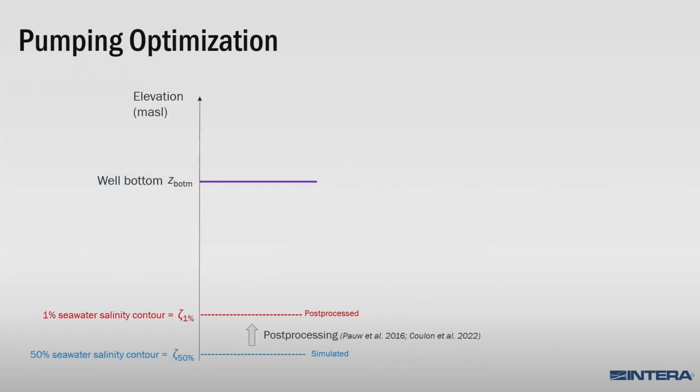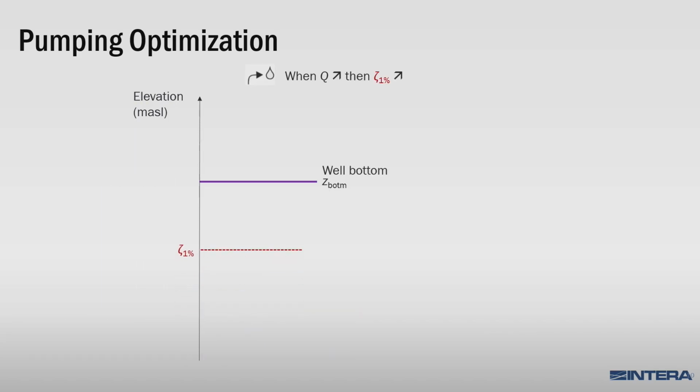So now for the optimization part. First of all, we post-processed the interface simulated by MODFLOW, which is the 50% seawater salinity contour, to obtain the 1% salinity contour using analytical equations. And so when the pumping rate increases at a well, the 1% salinity gets closer and closer to the well bottom.